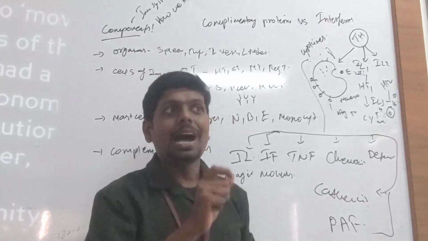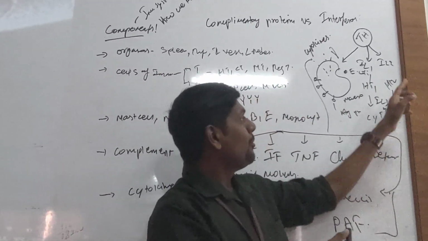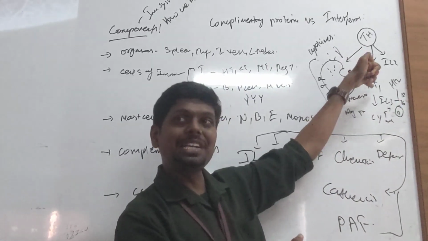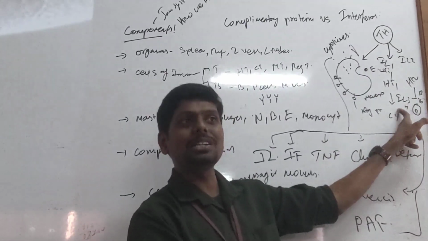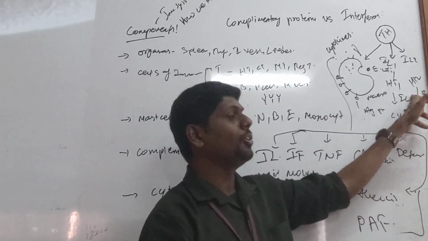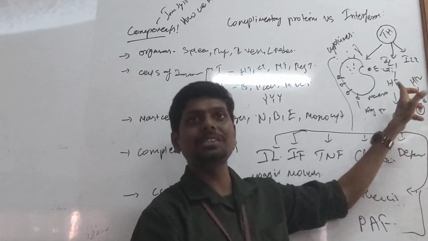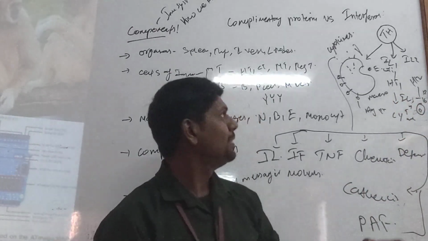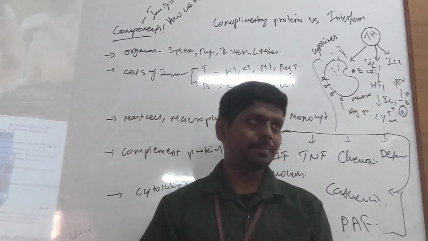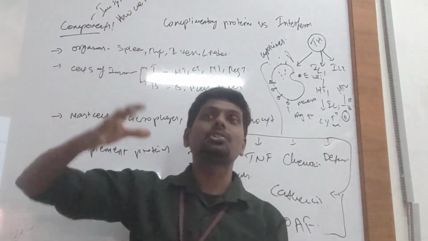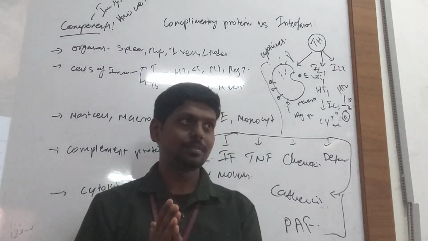But I can give an injection containing interleukin 3 and 4. If I use this injection, I can activate the patient's cytotoxic T cells. So I will use interleukins as stimulants to activate the other cells in the body. See, now we are using cytokines as a treatment. In therapeutics we are using cytokines to treat the patient's condition.